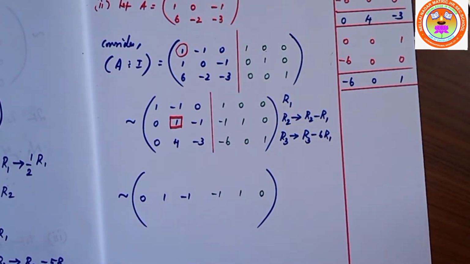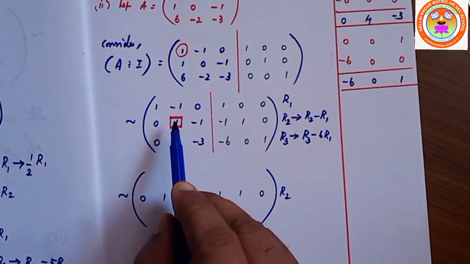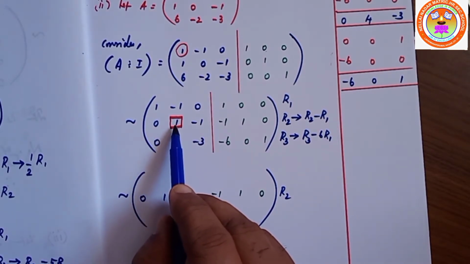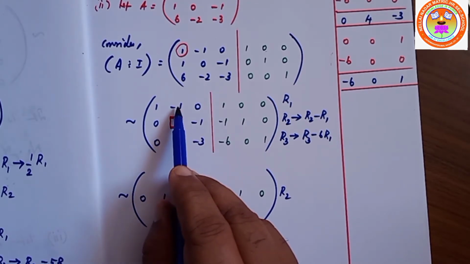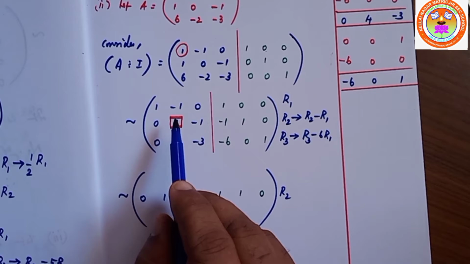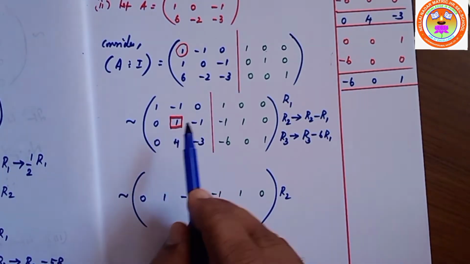No change of R2. Now it has to be 0. So with the help of this number only, you have to make these two elements as 0, already I told you. So here 1, here minus 1. If you add these two numbers, you will be getting 0, correct? Without changing the sign, if you add these two numbers, you will be getting 0.